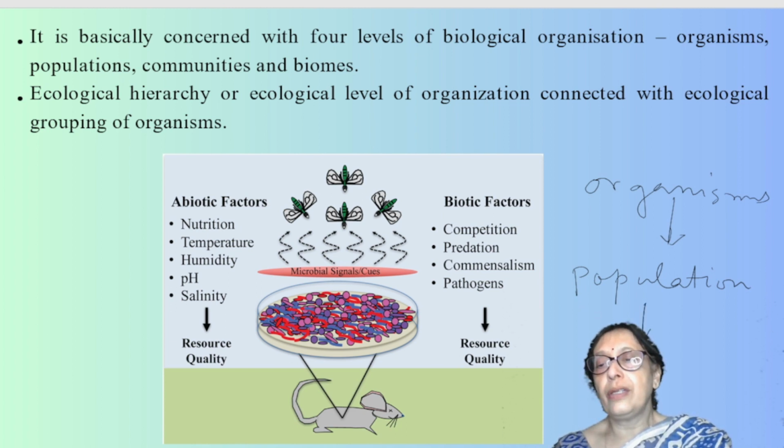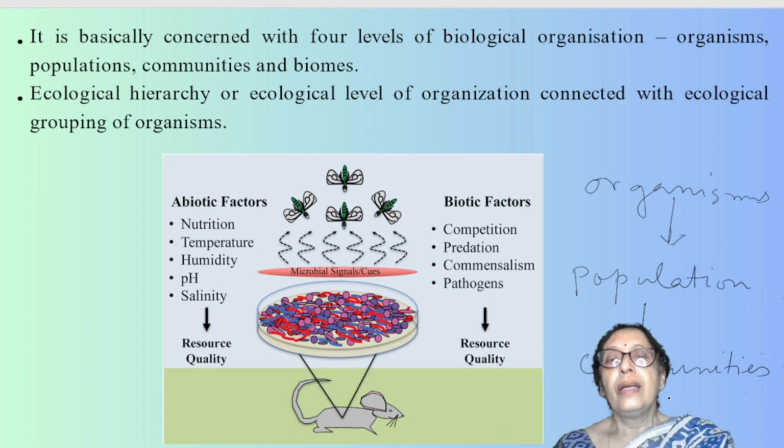Then several populations of different organisms form communities, and various communities together form the largest unit of the ecosystem, the biomes. So the ecological hierarchy means we can think of organisms, population, communities, and biomes. These are all ecological levels of grouping of organisms.